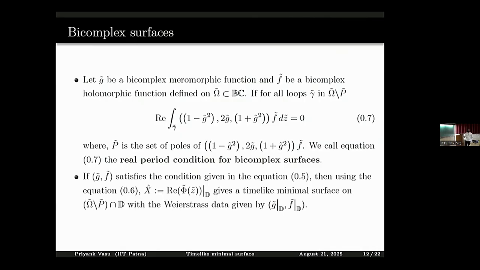Now we know if equation 0.5 is satisfied, then this restriction of it will give us the Timelike minimal surface, and the restriction of g tilde and restriction of f tilde will give us the Weierstrass data of our Timelike minimal map. Okay, so now the only thing that remains is how we will try to solve the period problem in bicomplex.